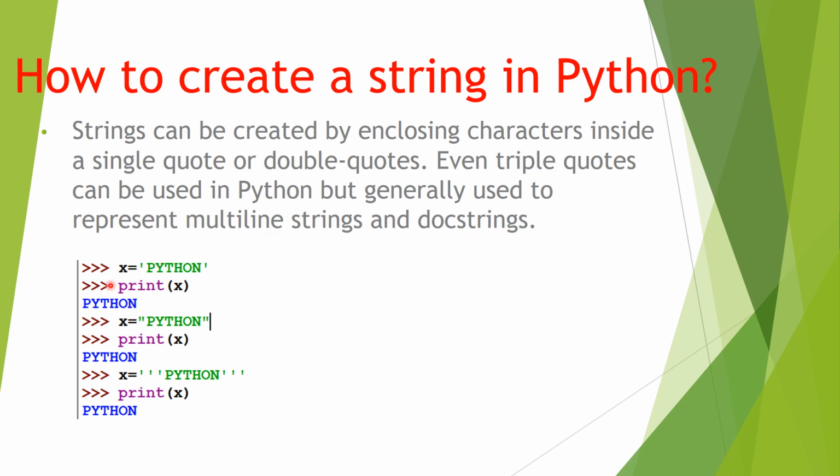We can see here we have given single quotes, and here the same string with double quotes, and here we can give triple quotes as well, but it's generally given when the string is too big. That means in multi-line, more than one line, then we use triple quotes, or when we are giving the documentation of our program, at that time we use triple quotes.